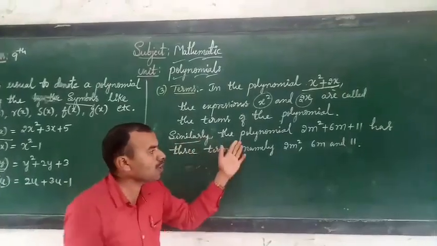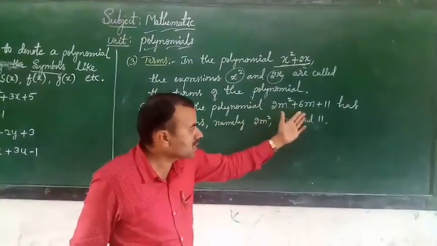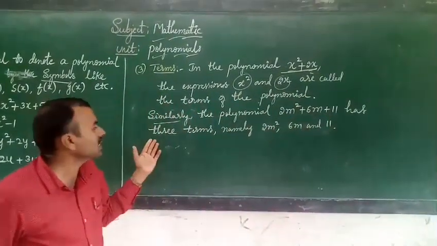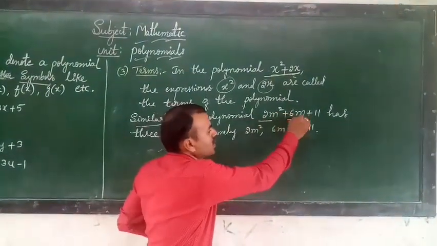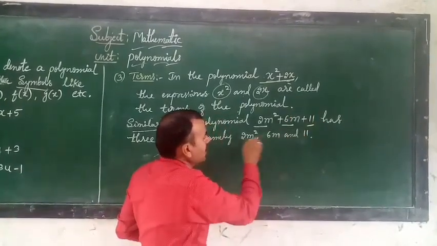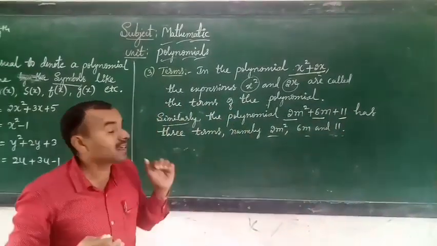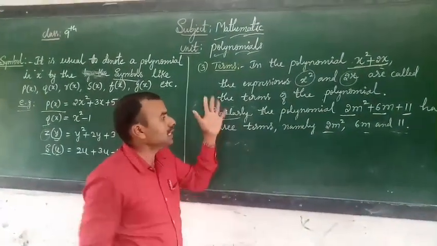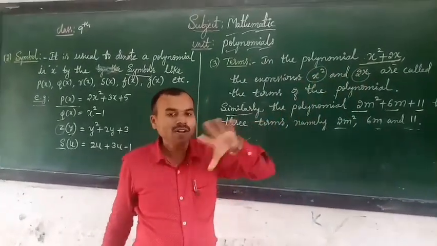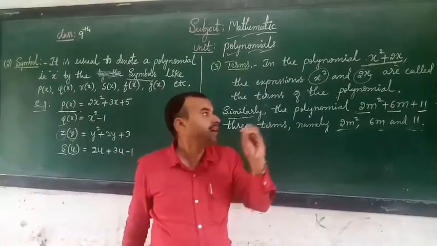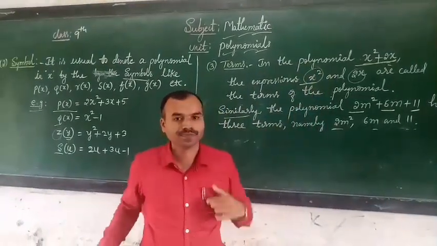Similarly, the polynomial 2m square plus 6m plus 11 has three terms, namely 2m square, 6m and 11. Each is called a term. So in any polynomial, each term is called a term.